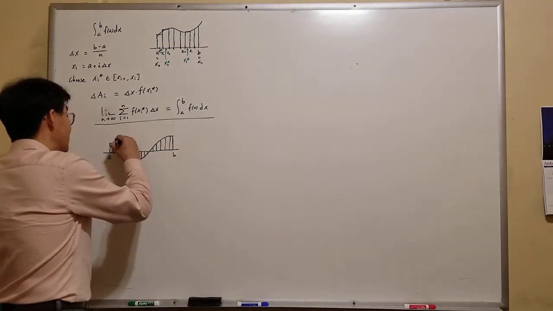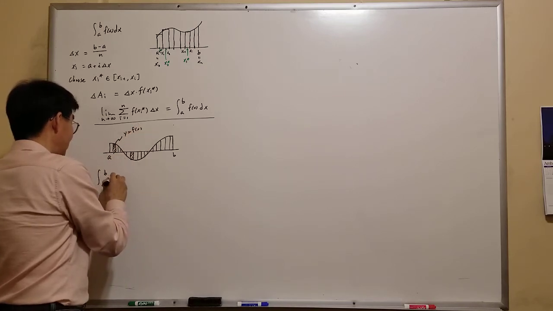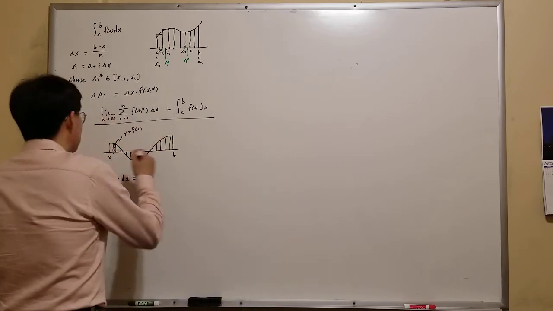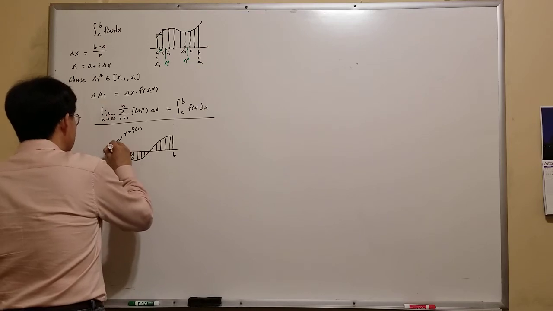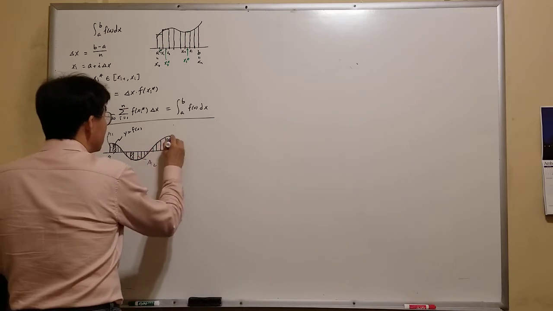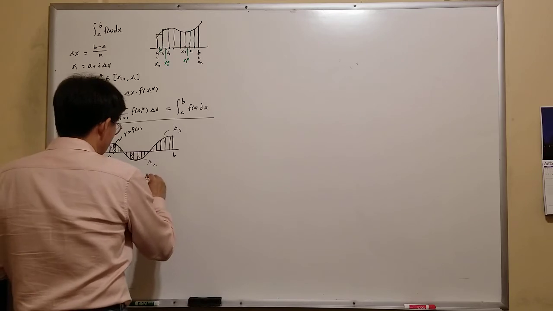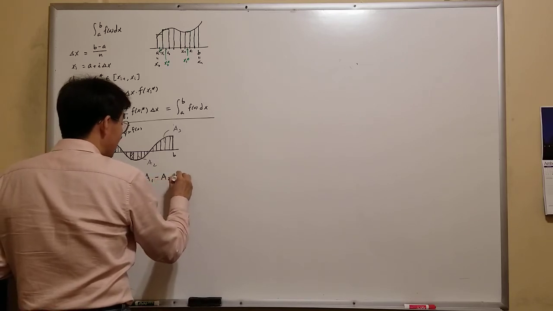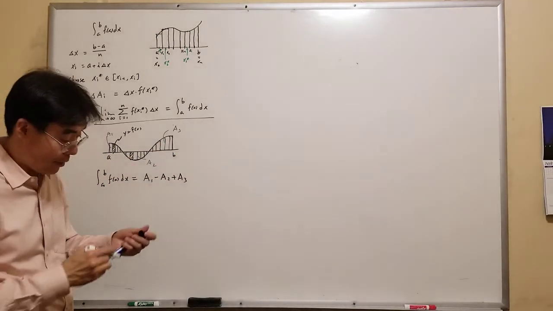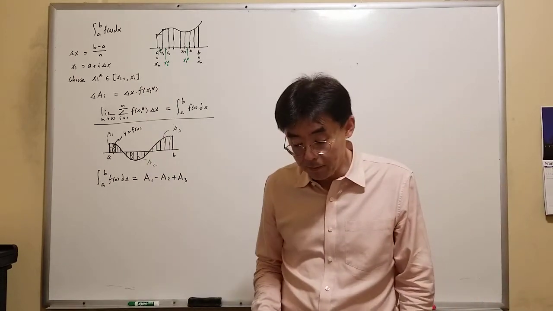In this case, if this graph is y equals f of x, the definite integral of f of x, if you call this area A1, this one A2, this one A3, will be A1 minus A2 plus A3, right? Negative of the area of the region below the x-axis. So that was the concept of the definite integral of a one variable function.